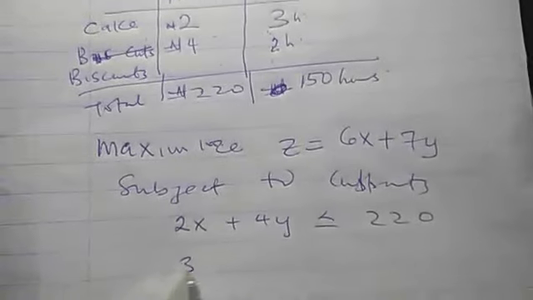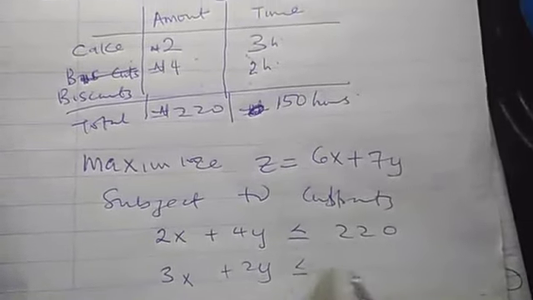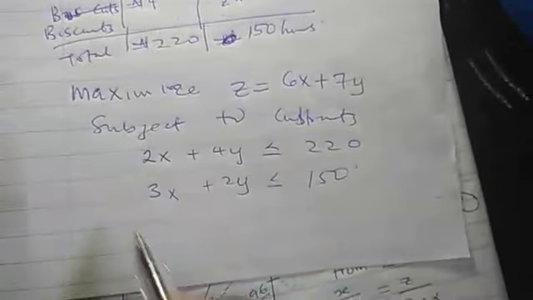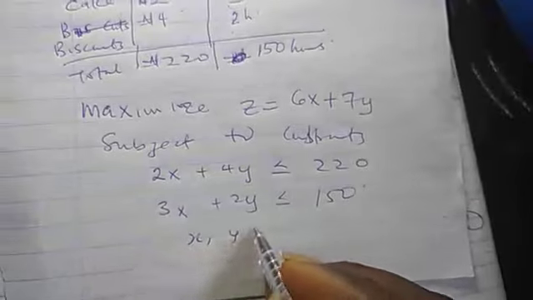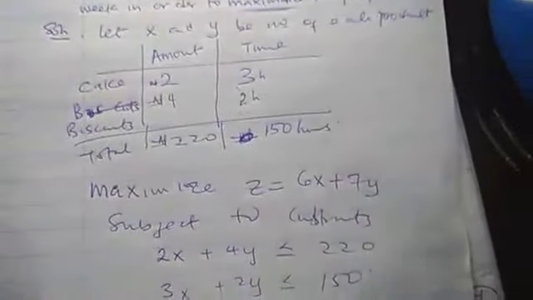Also for time, I'll take the time too like that. That is 3x plus 2y less than or equal to 150. x and y is greater than or equal to 0. So I have formulated the problem.